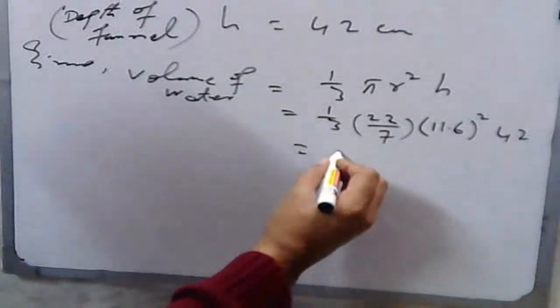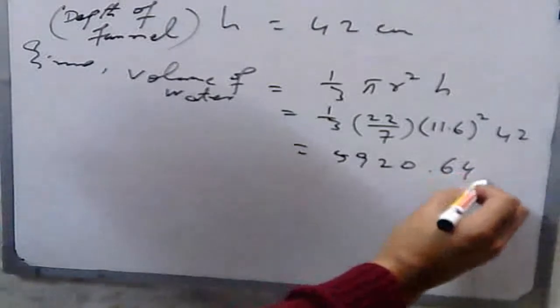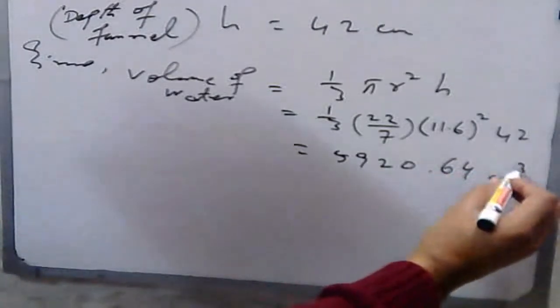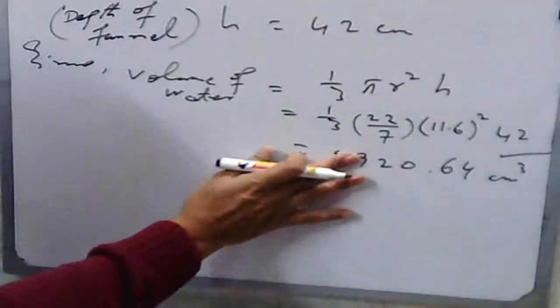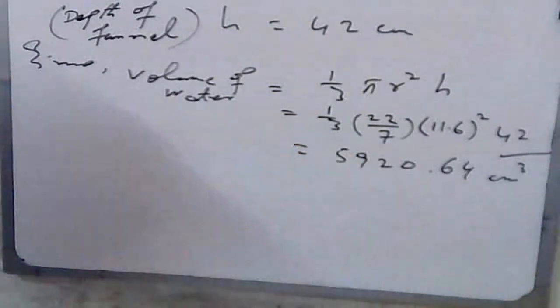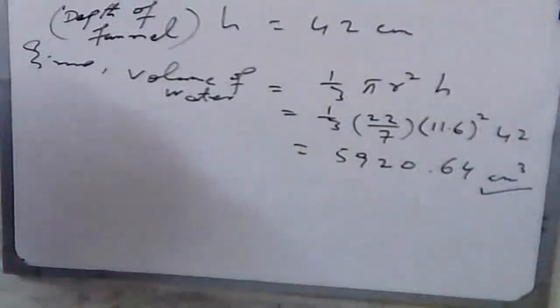After simplification you can get 5920.64 centimeter cube. So that is your volume of water.